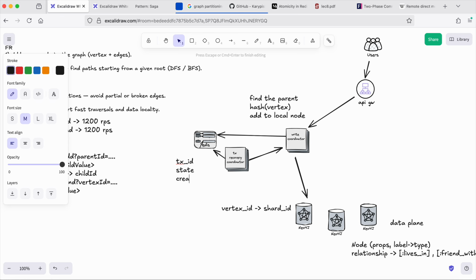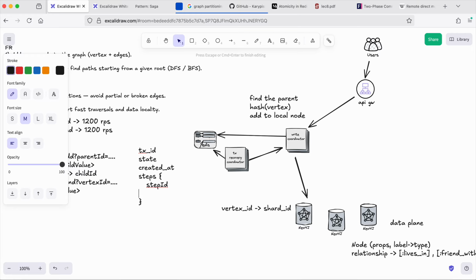probably created at, and steps. And they are about, like step 1, step ID.